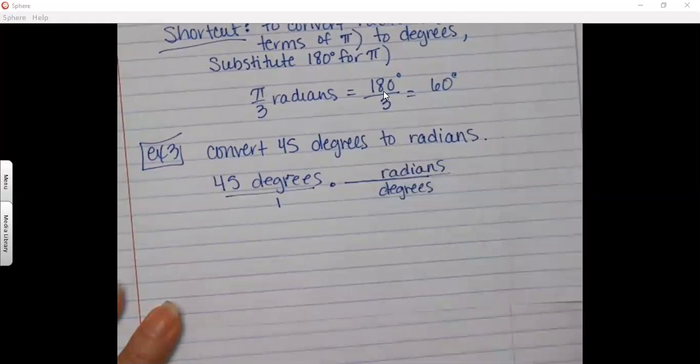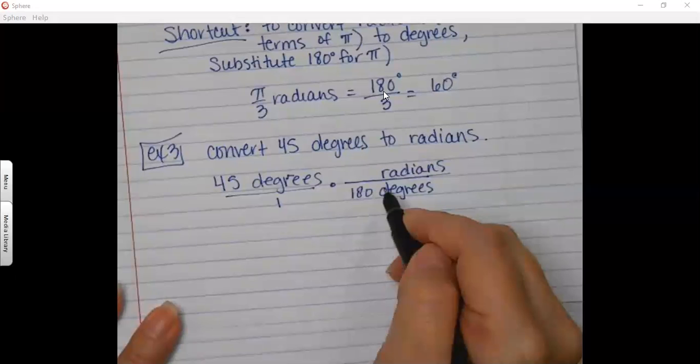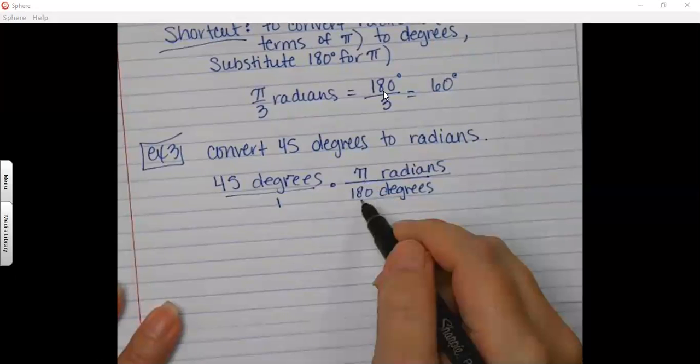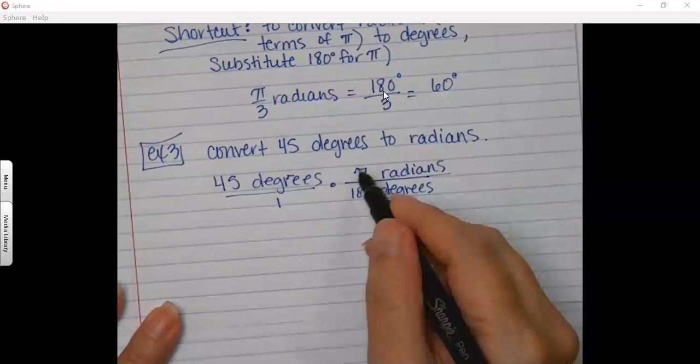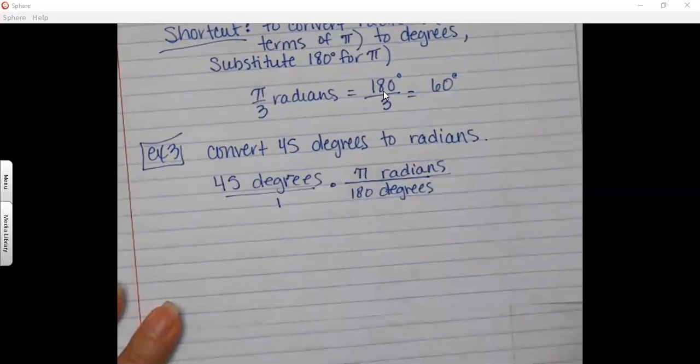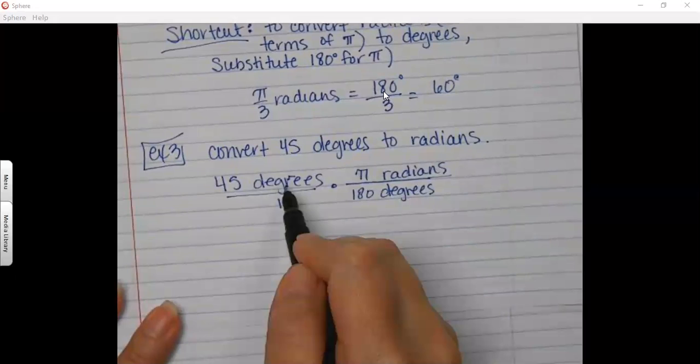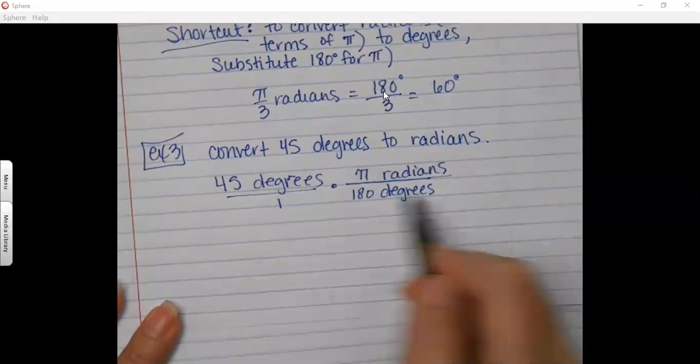And we know that 180 degrees is equal to pi radians, right? You could also do 360 degrees in the bottom, but you'd have to put 2 pi in the numerator, because 2 pi is equal to 360, but your numbers are just bigger. So why not just use pi radians over 180 degrees? Since degrees is in the numerator, degrees has to be in the denominator of what I multiply by. So my words degrees cancel.